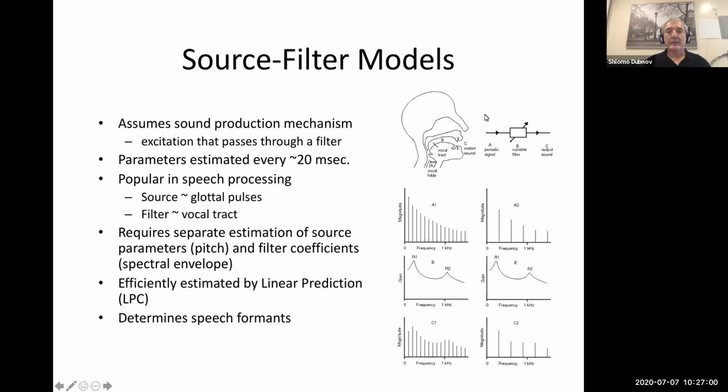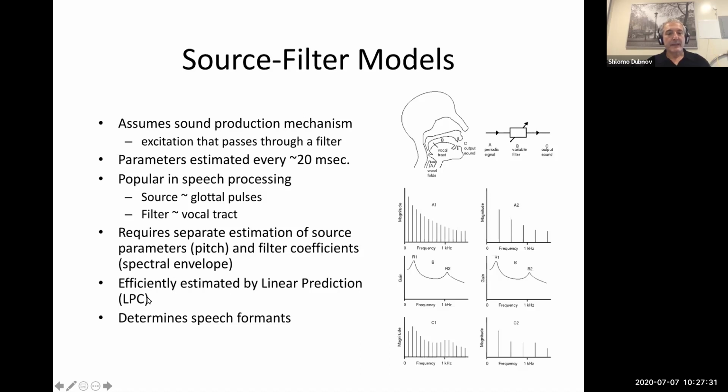In order to go back and invert this model, we have to separately estimate the source parameters of the pitch and the filter coefficients of the spectral envelope. And this spectral envelope, which captures the resonant properties of the vocal tract, is efficiently estimated by a method called linear prediction, or linear prediction coding, that we'll talk about towards the end of this class.